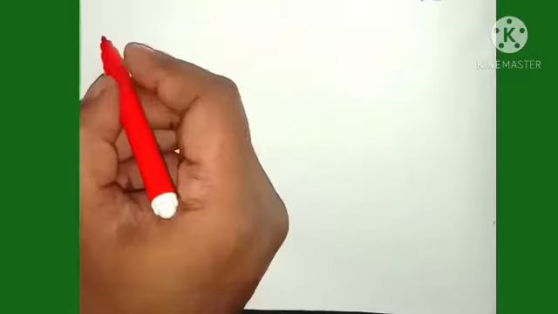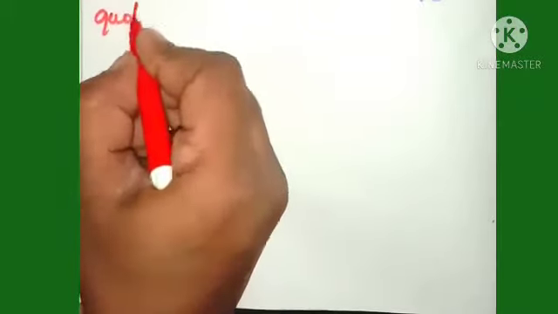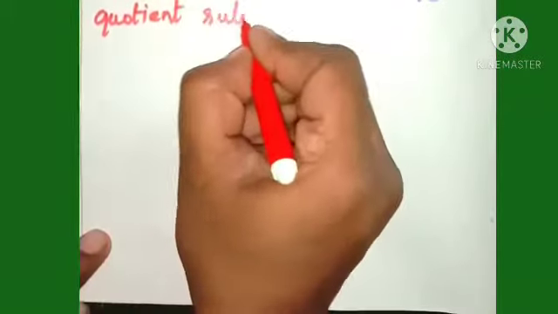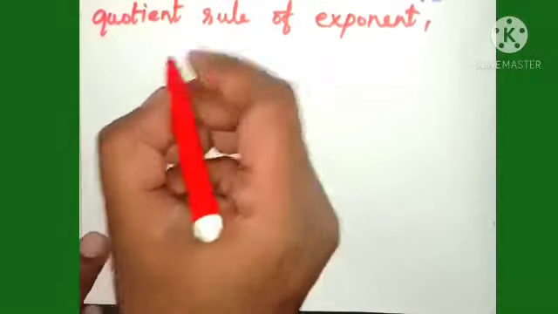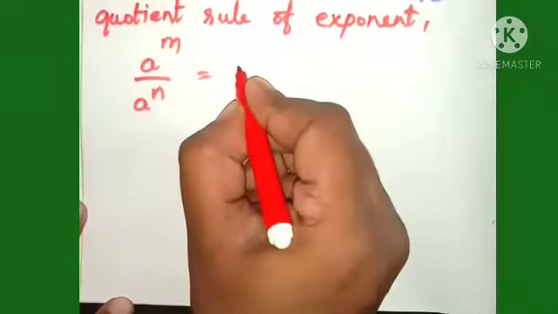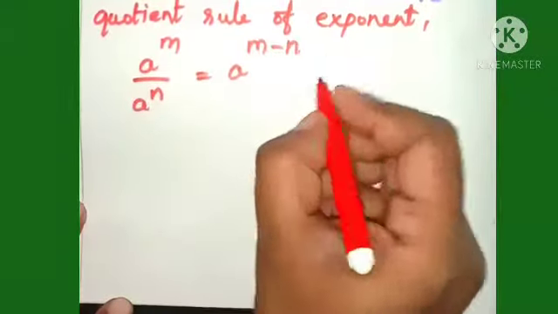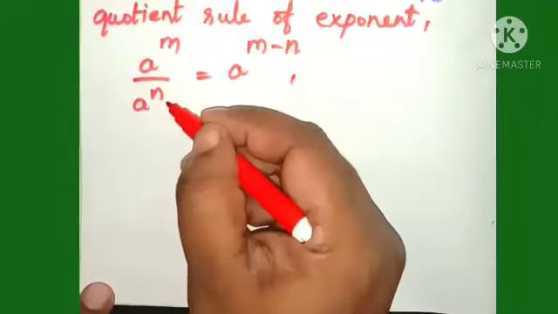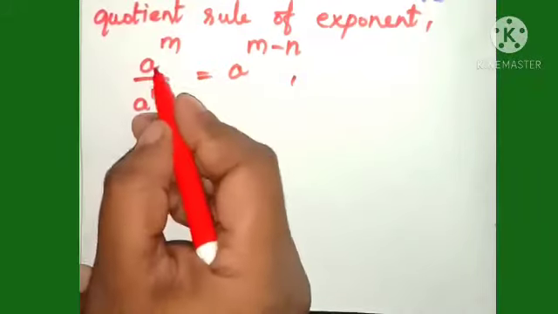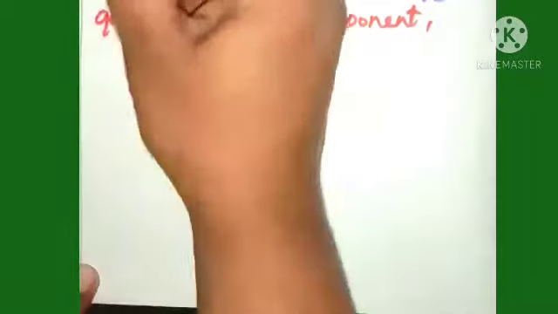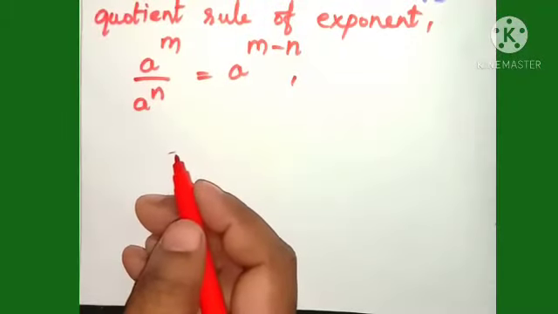Now, by using the quotient rule of exponents, we know that a power m by a power n is equal to a power m minus n, for non-zero integer a and whole numbers m and n. Here, when the bases are the same, we can take the difference of the exponents.